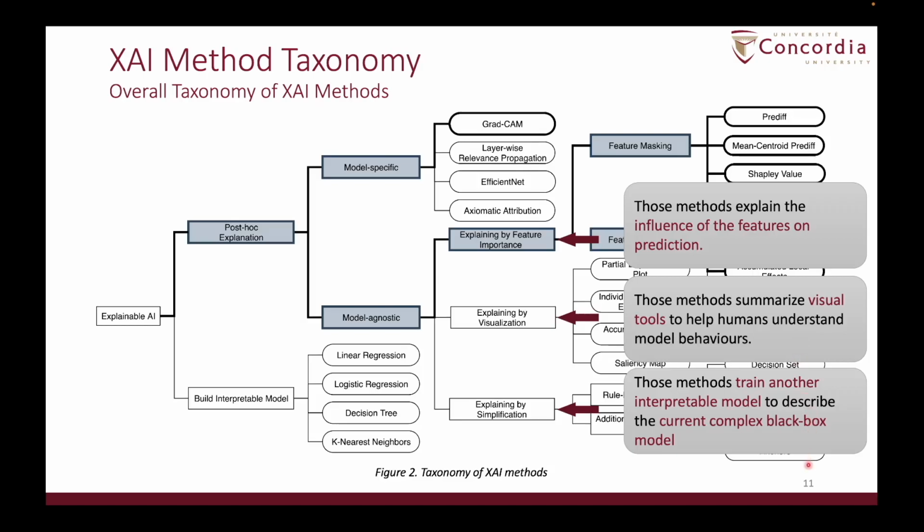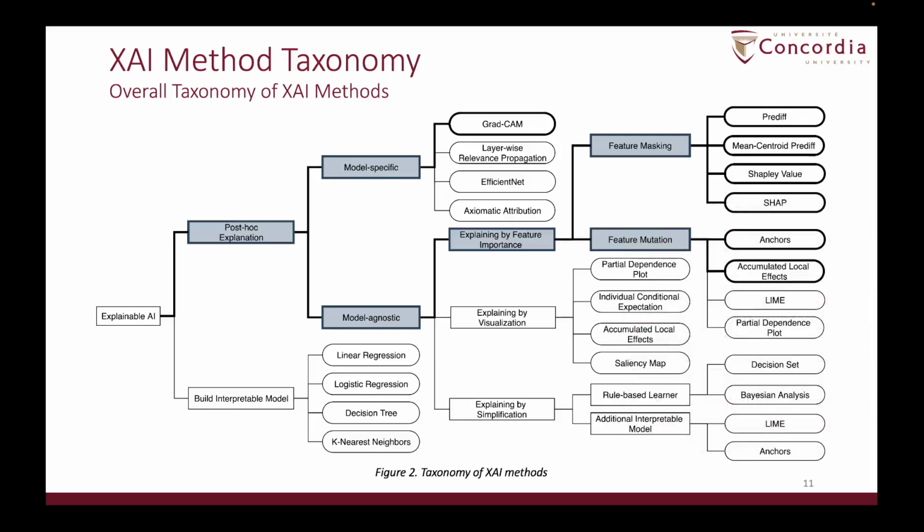Some methods can explain the model by training a simple interpretable model, which approximates the prediction of the original model. The blue background categories and the bold line indicate our selection path for feature contribution explanation for all the case studies. More XAI methods can be added to the taxonomy.